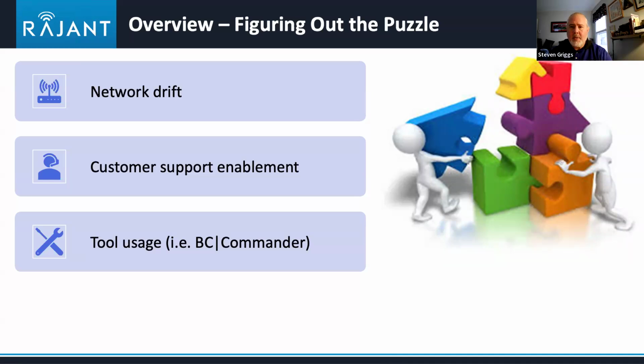If you're cognizant of A, network drift that's happening in your network, and B, how to jump on it pretty quickly and solve it, you'll find that your network stays pretty healthy, and the addition of new applications and things like that become a whole lot less painful.